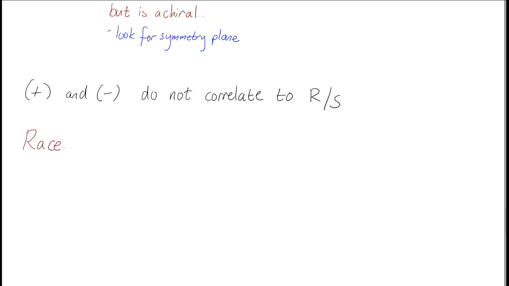Another experimental term that we use a lot is racemic mixture. A 50-50 or an equimolar mixture of enantiomers. As we'll get into in the next chapter, we'll look at reactions that produce stereocenters.